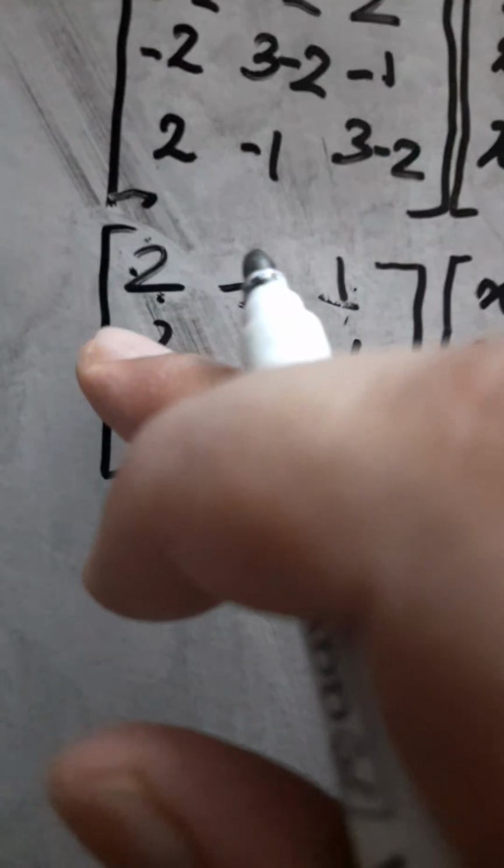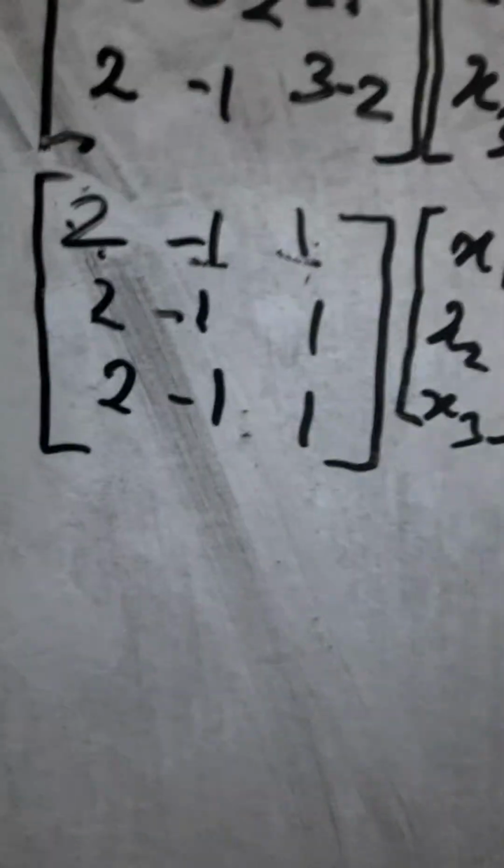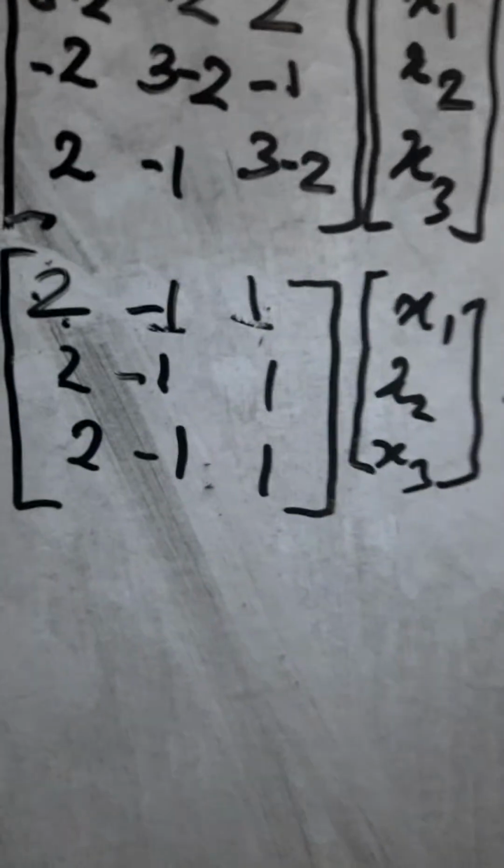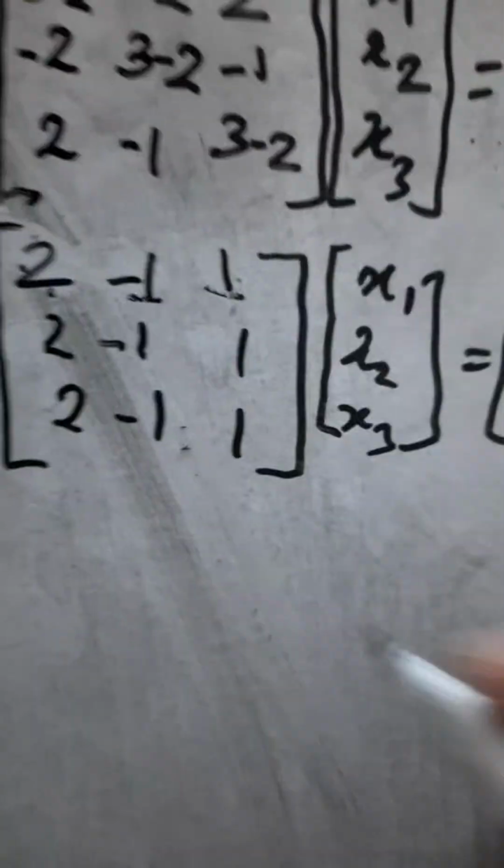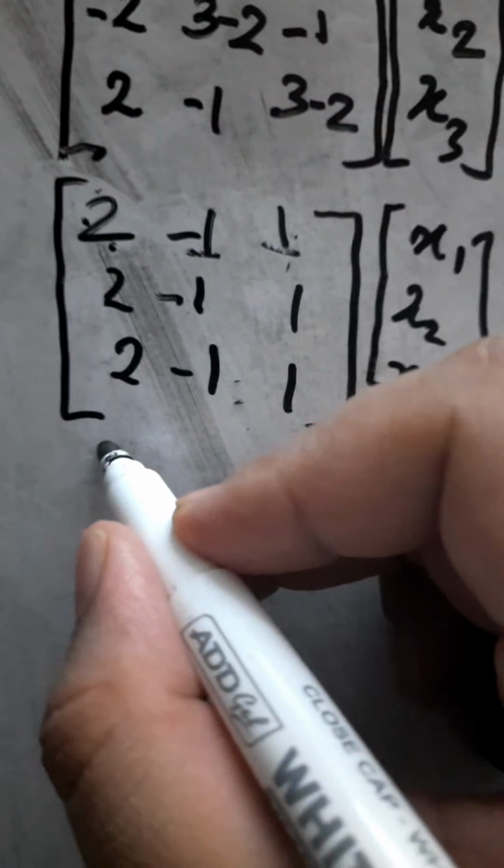This is the same, and if I multiply this by a minus sign, then it becomes 2, minus 1, and plus 1. It's the same, and by using a common factor, rows become similar, so you can't use Cramer's rule. You definitely can't use Cramer's rule, so I have to go by this.